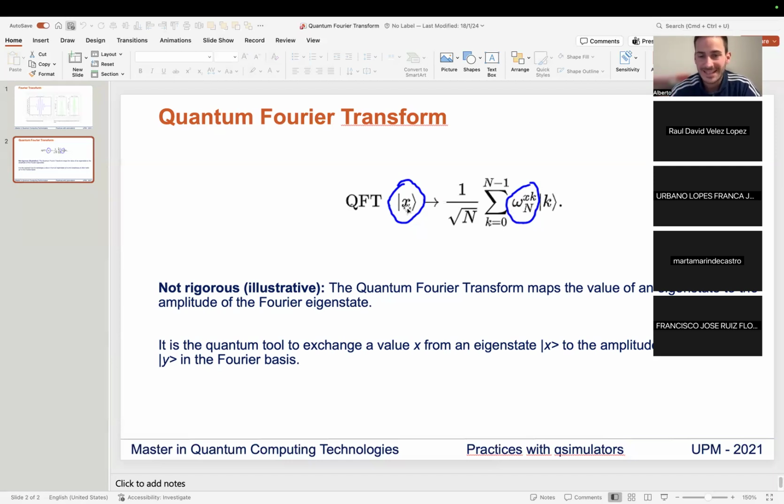The quantum Fourier transform is very helpful in quantum computing because we can change eigenvalue for eigenvector and eigenvector for eigenvalue. We can put the information that is contained in the eigenvector into the eigenvalue and vice versa.